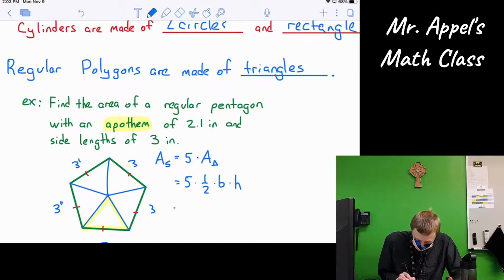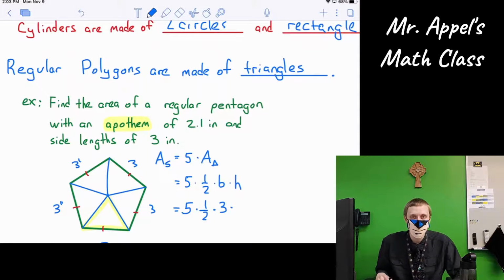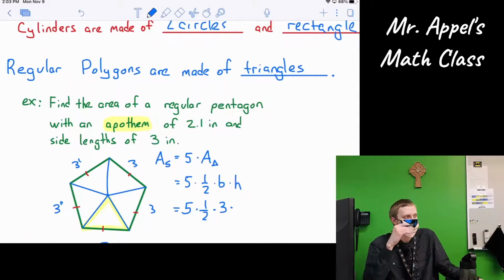My base here is 3. Oops, why did I write equals again? Times 1/2. So that's more generally the side length, right? Times the height. Ooh, what's the height?